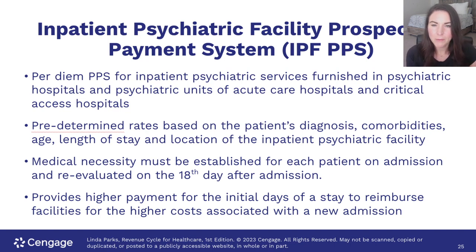The IPF PPS uses predetermined rates based on diagnosis, comorbidities, age, length of stay, and location of the facility. They have to establish medical necessity on admission. Like, could this patient be treated somewhere outpatient, or do they need to be inpatient for this? And then reevaluated on the 18th day after admission.